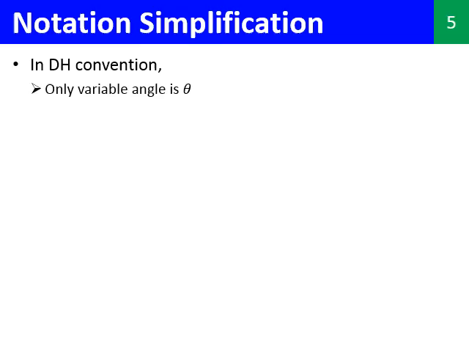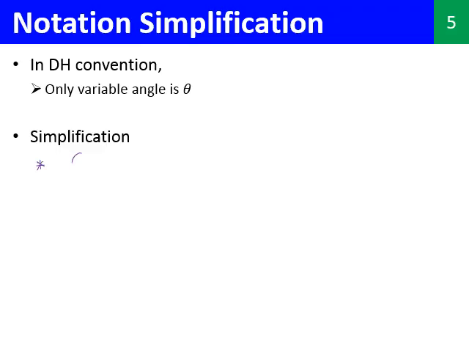First, we will look at a further simplification of the notation. In the DH convention, the only variable angle we have to deal with is theta, which is the joint angle. All the remaining parameters would be either constant angles or else distances. So let's simplify the notation further.